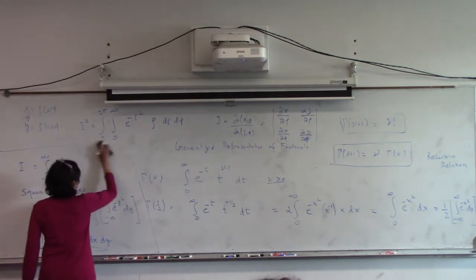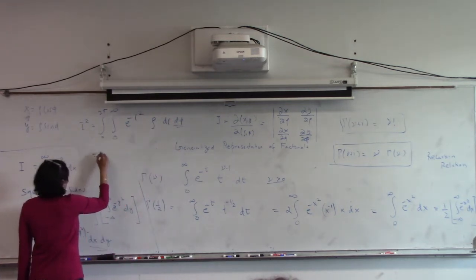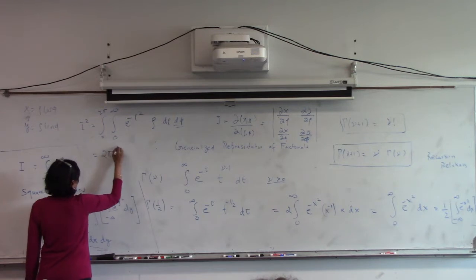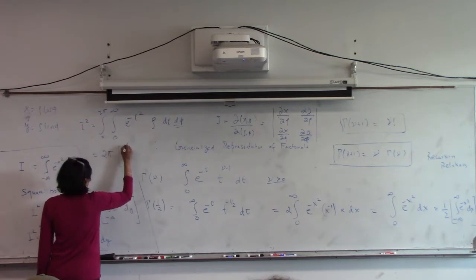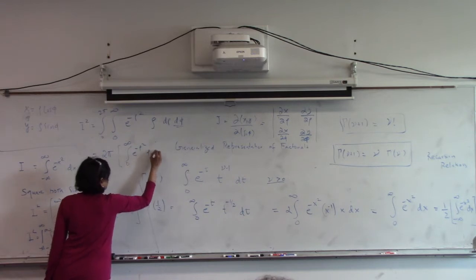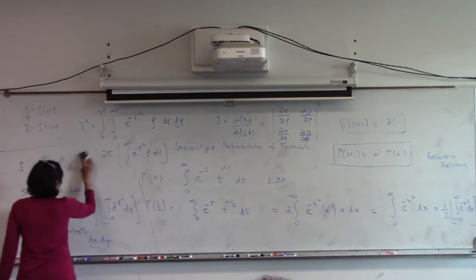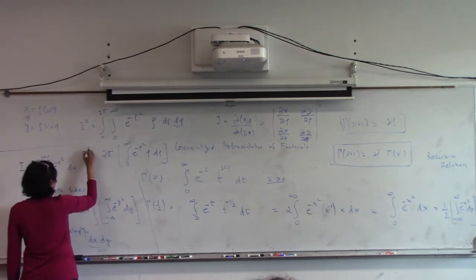The integral over phi can be pulled out because that's easy. So all I'm left with is 0 to infinity exponential of minus rho squared rho d rho. Now it's simple, I can calculate this integral.